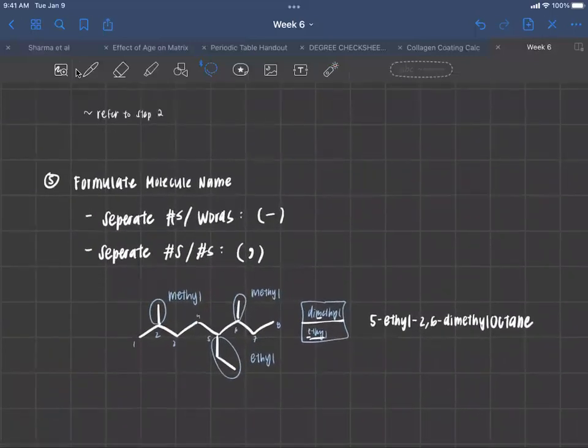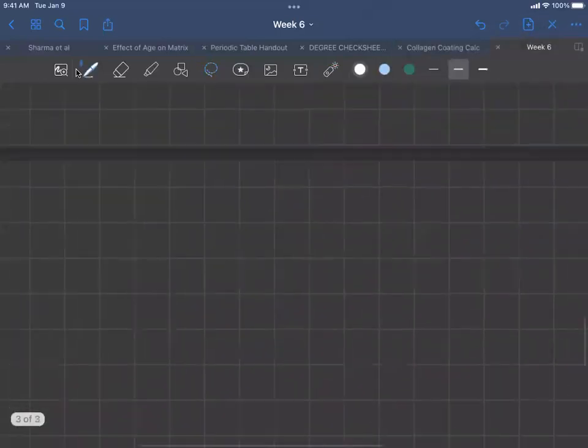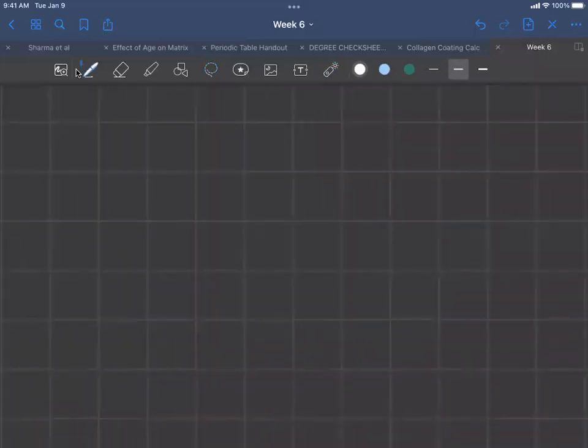All right, we can now go over the examples that we did in class this week. I know that I switched it up in Thursday discussion and put names first, and then did how you draw out the molecule. But for this recording today, I'm just going to draw the molecule and then name it.